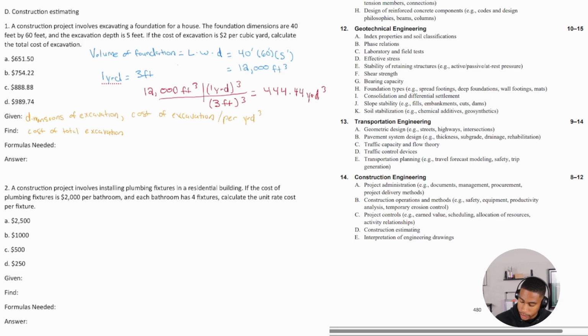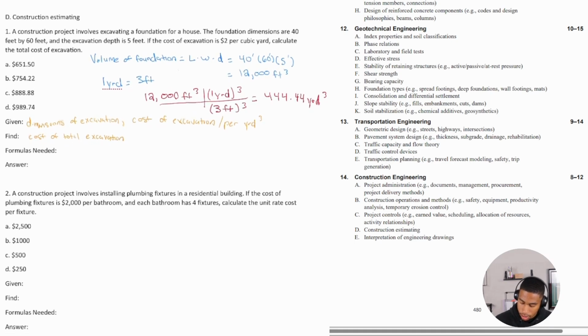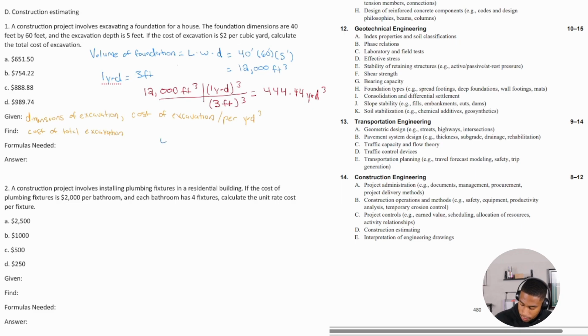And from there, now we know that we have 444 yards cubed. And I know that the cost of excavation is $2 per yard cubed, right?